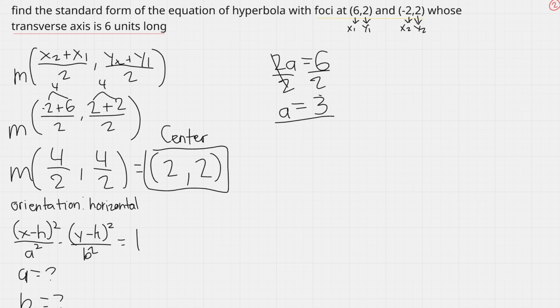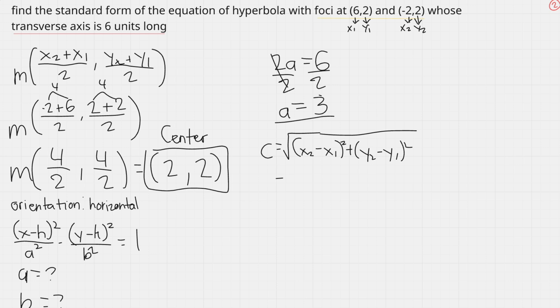Now let's get our c. We are given foci. So, our c, using our distance formula, we have the square root of (x sub 2 minus x sub 1) squared plus (y sub 2 minus y sub 1) squared.